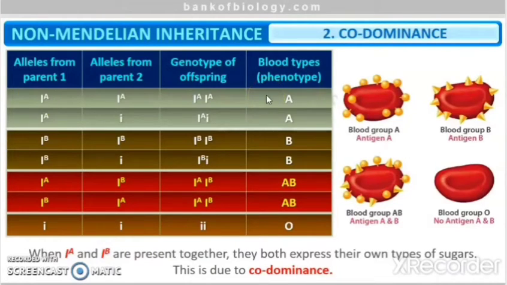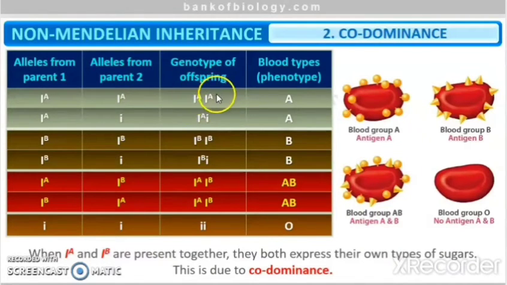Keep in mind, I capital A and I capital B are dominant over small i, which means that in the presence of small i, only the dominant gene will express. See this: if you receive capital IA from the first parent, the male, and the same allele from parent 2, the female, it gives rise to the genotype capital IA, capital IA.